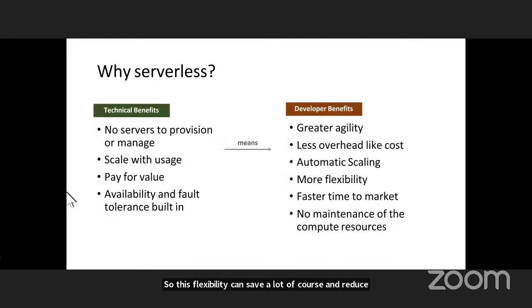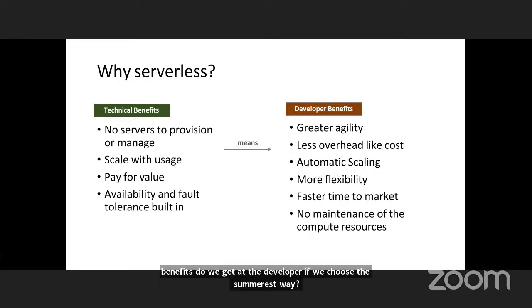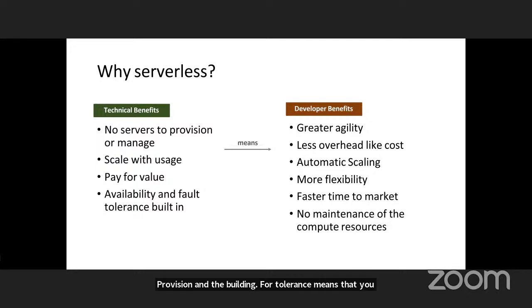Okay, so why do we go serverless? Or let's say, what are the benefits we get as a developer if we choose the serverless way? No server to manage or provision, and the built-in fault tolerance means that you don't need to worry about setting up or maintaining a server.